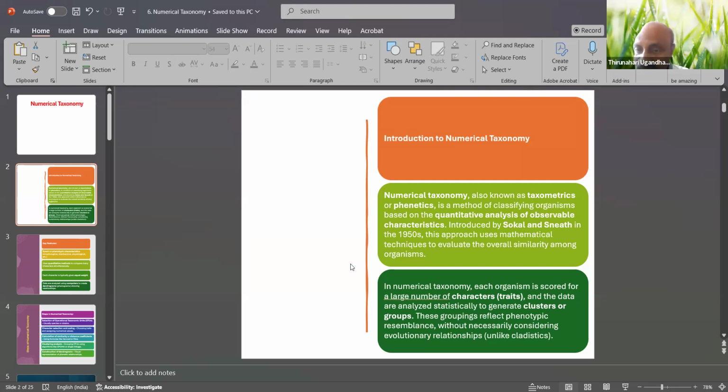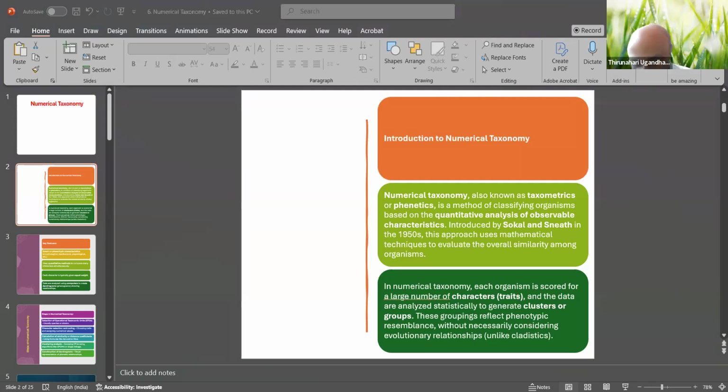In numerical taxonomy, each organism is scored for a large number of characters and traits, and the data are analyzed statistically to generate clusters or groups, such as one order or one family, a group of species or a group of genera that are analytically similar.